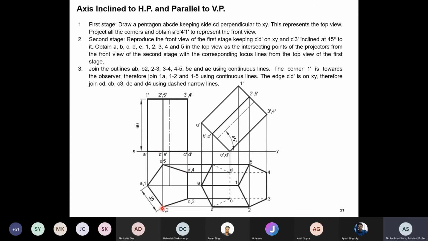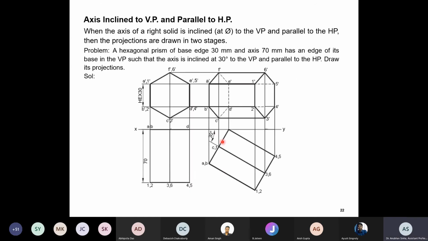In the same way, we'll take projectors from this top view to the right, and we'll take projectors down, and where they meet, we'll join and form this top view. And again, be careful where we need to show hidden lines and edges. Fine. So this is one orientation where your axis is inclined to both the horizontal as well as the vertical plane.